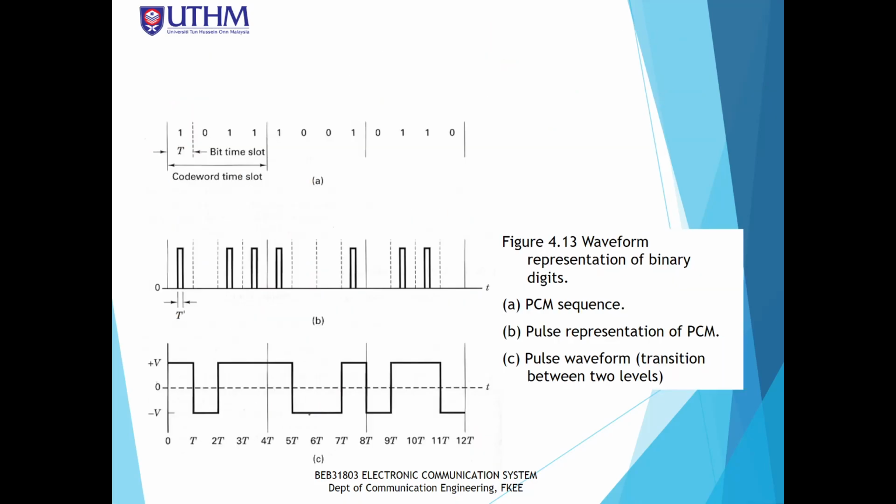Now the issue is we want to convert this PCM code word into electrical pulses. So we can represent the output as unipolar or bipolar. Unipolar means that it is one single polarity only.